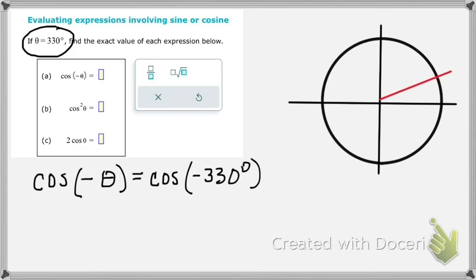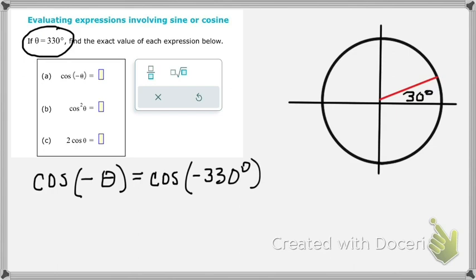And then how many more degrees would I need to go in order to close the circle? If I go negative 330 degrees, how many more degrees do I have until I would get back to the x-axis? And hopefully you see that it is 30 degrees.